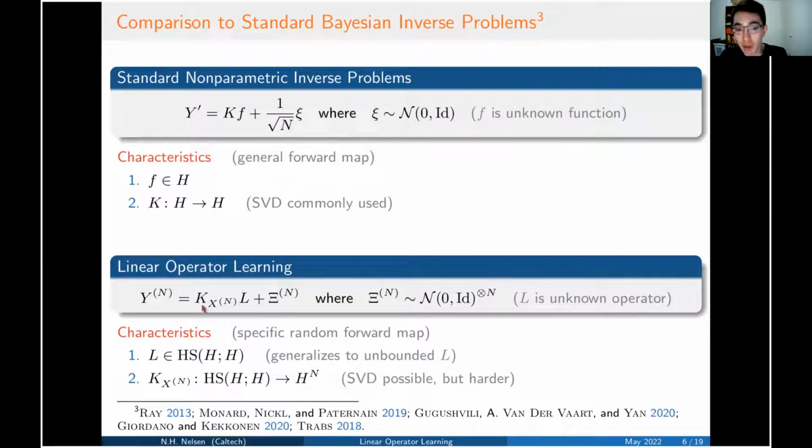It is given by the evaluation of some mapping, some tensor operator applied to our unknown linear operator L, and then we add the vector of white noises. In contrast to the top level here, this Kx, what I've defined as Kxn, is a random forward map. It's quite specific. It's defined by evaluating this operator L at n different locations, design points in the Hilbert space.